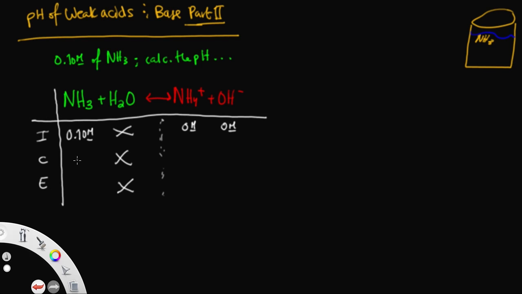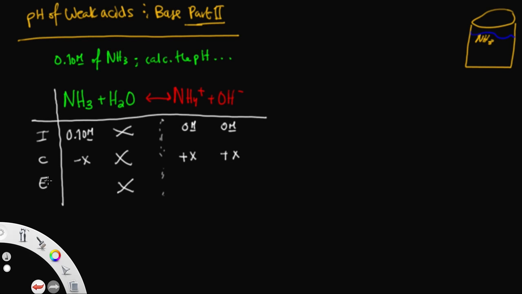So we're going to denote that change as a minus X. We're going to be losing some of our initial concentration of ammonia, and we're going to be gaining a certain amount of ammonium and gaining a certain amount of hydroxide. The hydroxide we're especially concerned with when it comes to solving for our pH.